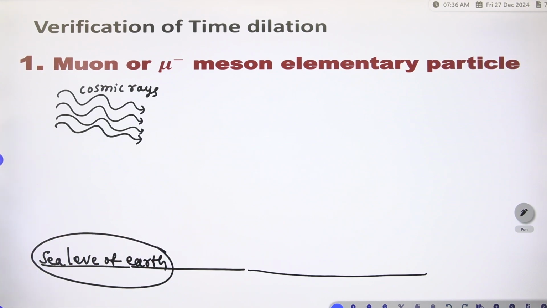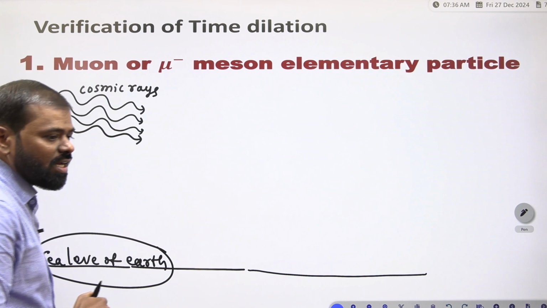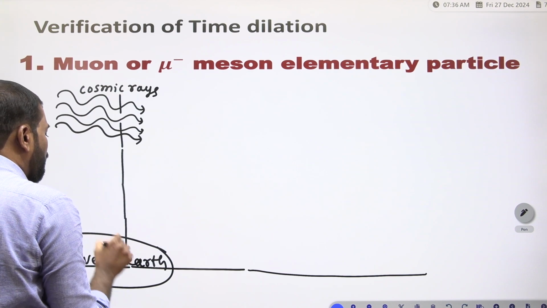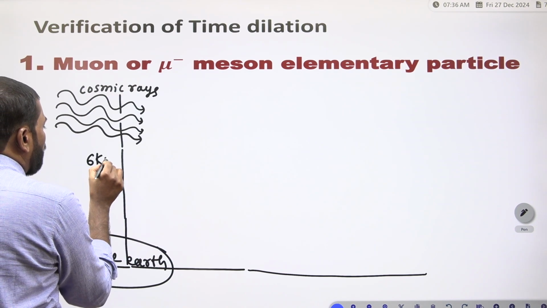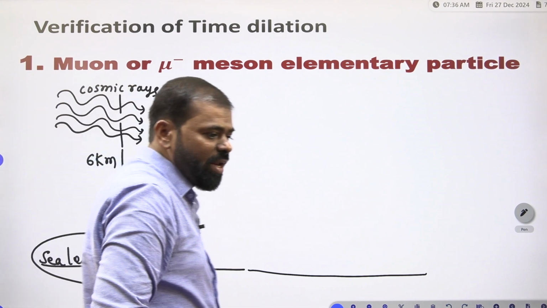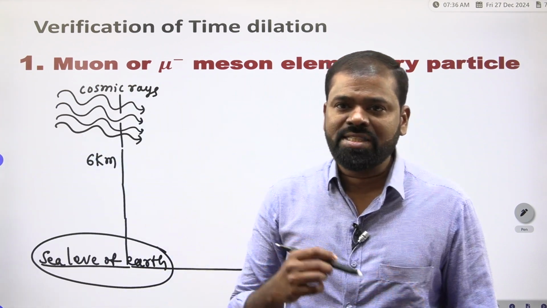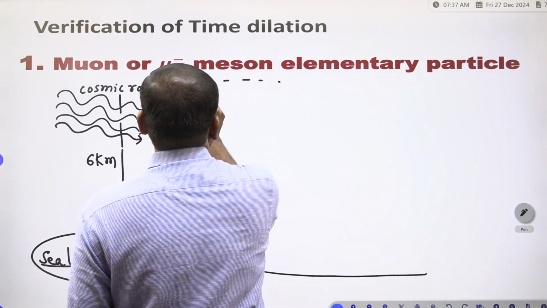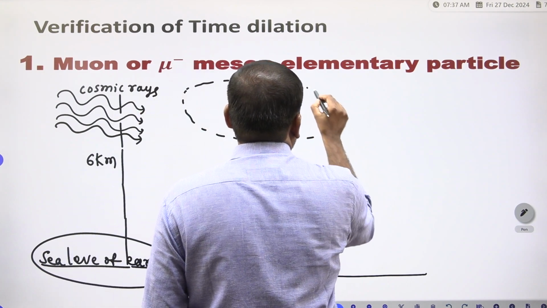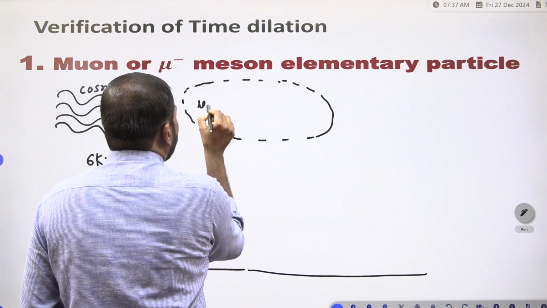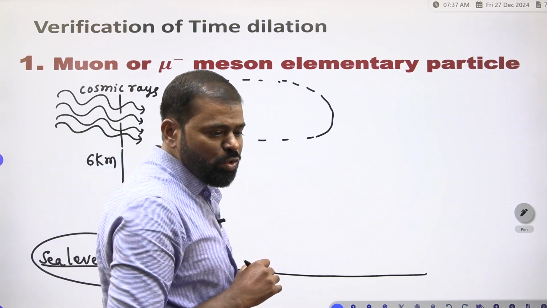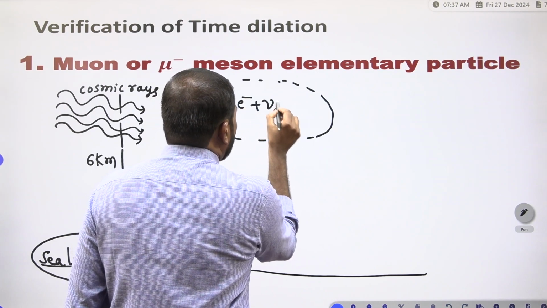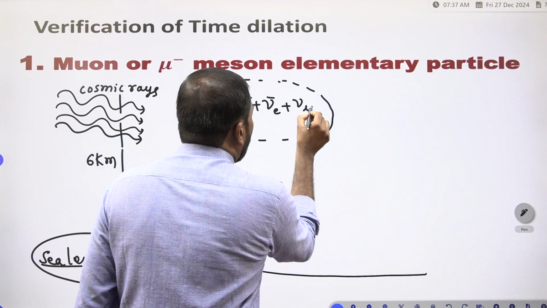Once you consider the sea level of the earth, experimentally the cosmic rays are about 6 kilometers away. Let us take 6 kilometers. From the cosmic rays, a muon, suppose mu minus, decays into one electron, plus one electron antineutrino, plus a muon neutrino.